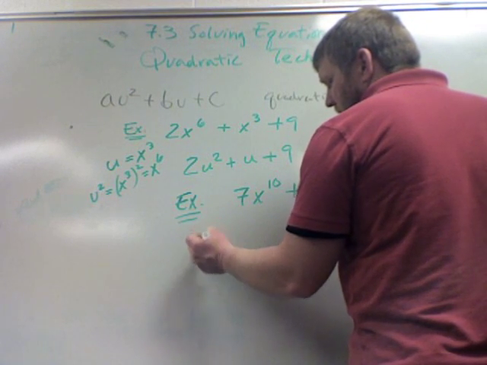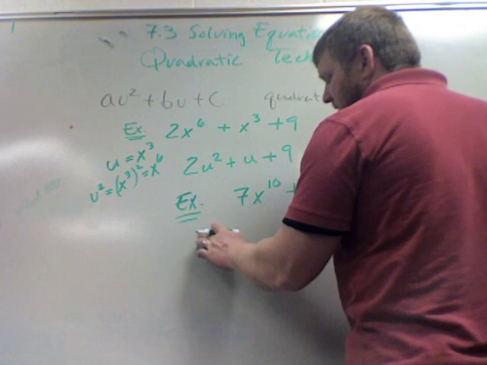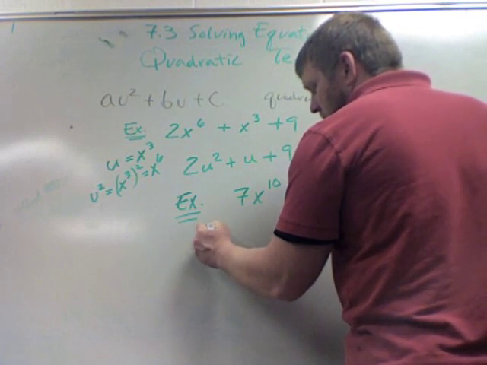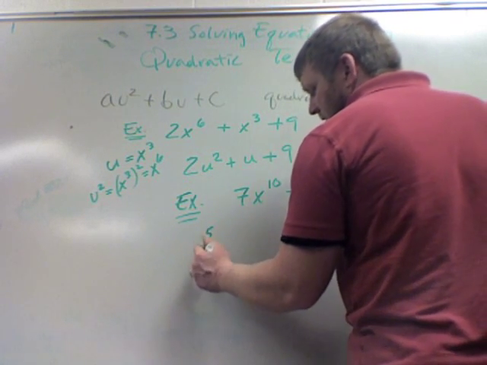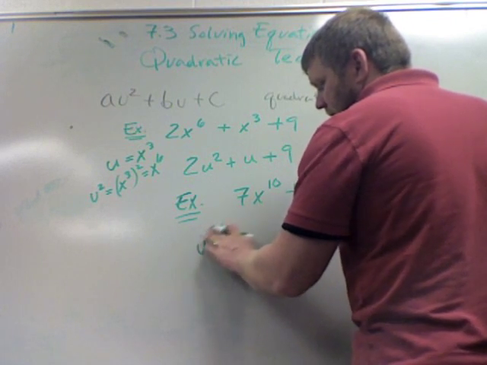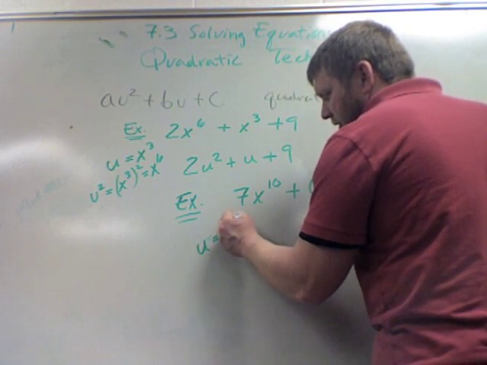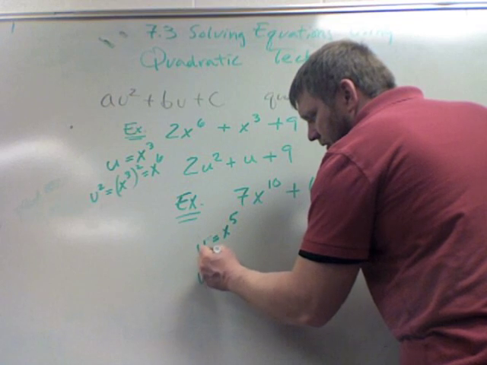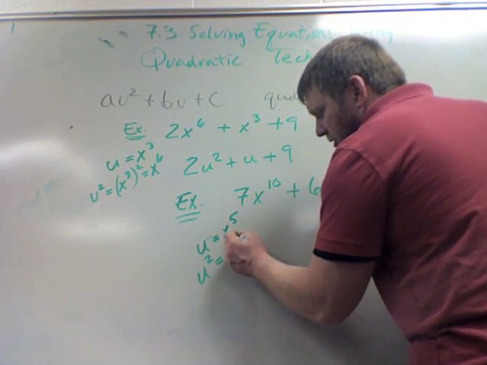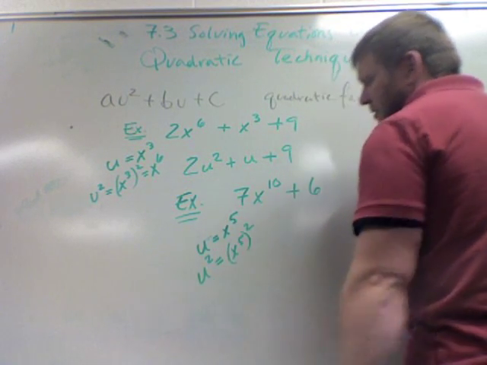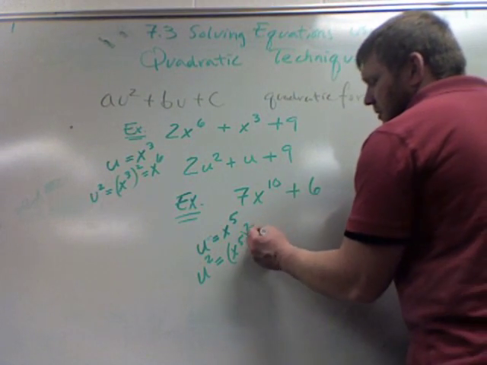If you let u equal x to the 5th, then u squared is equal to x to the 5th squared, which is equal to x to the 10th.